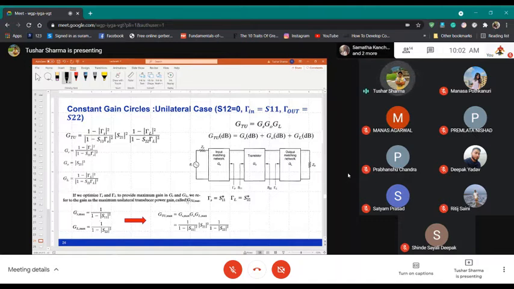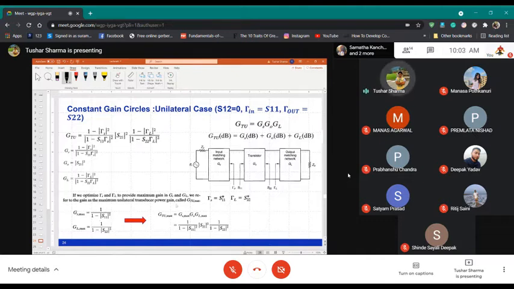It means you are designing for the maximum power gain, and you are forcing gamma S to be S11 conjugate and gamma L to be S22 conjugate. If you do that, you just substitute gamma S as S11 conjugate and gamma L as S22 conjugate, and your GS max becomes 1 over 1 minus |S11|², and GL max becomes 1 over 1 minus |S22|².